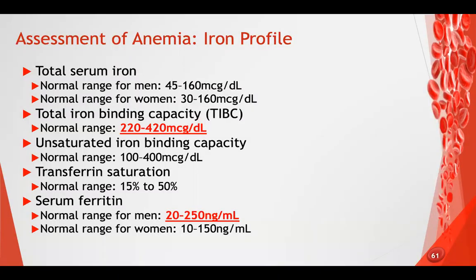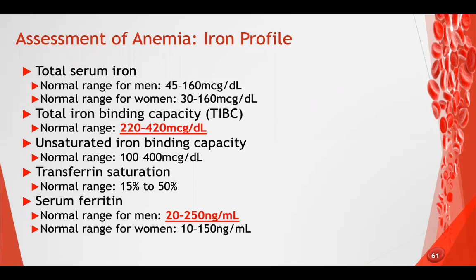We would also want to look at the iron profile. The total serum iron would essentially be the serum iron of the blood. And then we also have the total iron binding capacity, or the TIBC. This measures the ability of iron to bind in the blood to be transported.